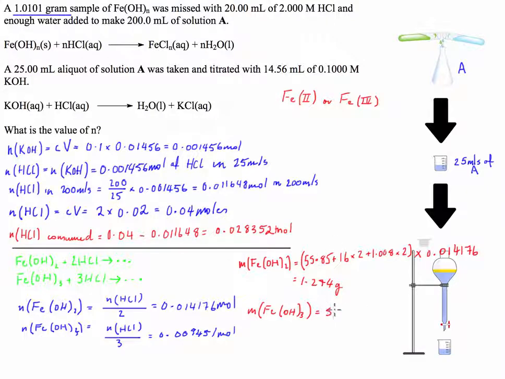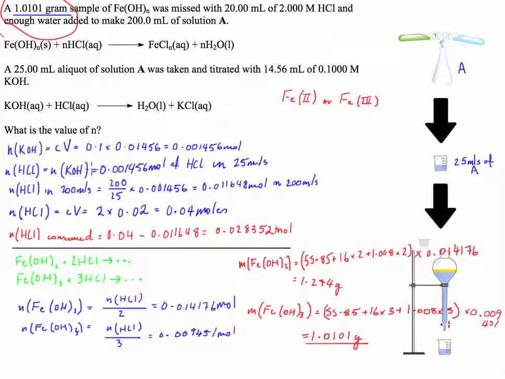So that's going to be 55.85 plus 16 times 3 plus 1.008 times 3, and all of that has to be times by 0.009451, and that gives us a weight of 1.0101 grams.